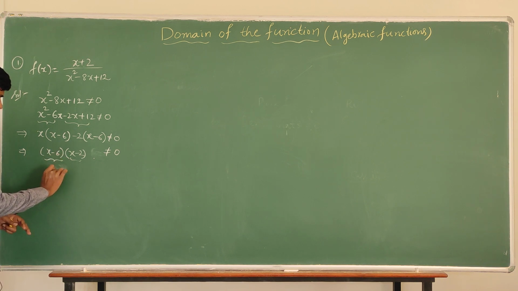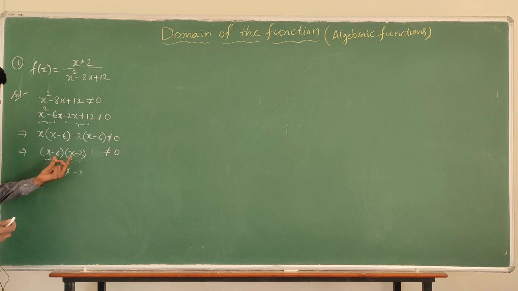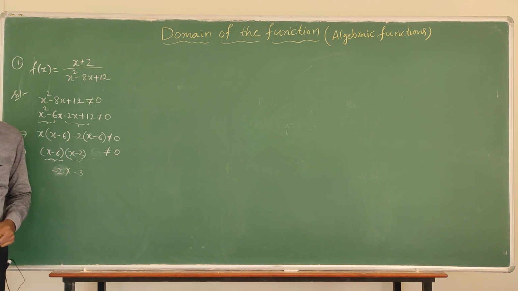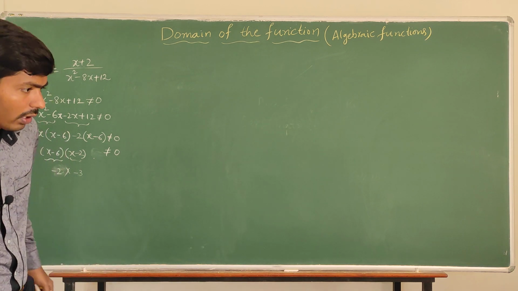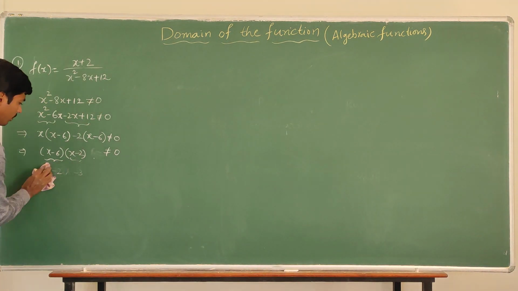If x minus 6 is minus 2 and x minus 2 is minus 3, then the product will be plus 6, which is a non-zero number. So if the product of two factors is not equal to 0, each factor is not equal to 0.